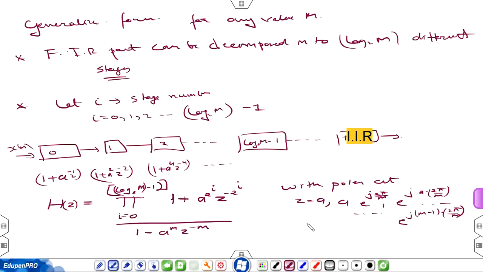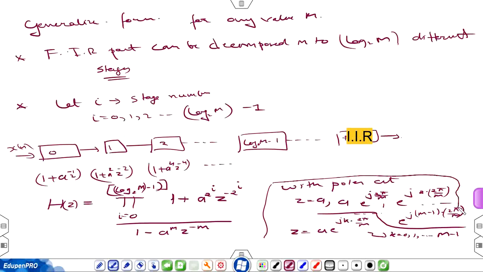Okay, so I can write that poles are located at z is equal to a e raised to power j k into 2 pi by m, and the value of k is 0, 1 up to m minus 1. So these are poles that can be calculated by equating the denominator to 0.